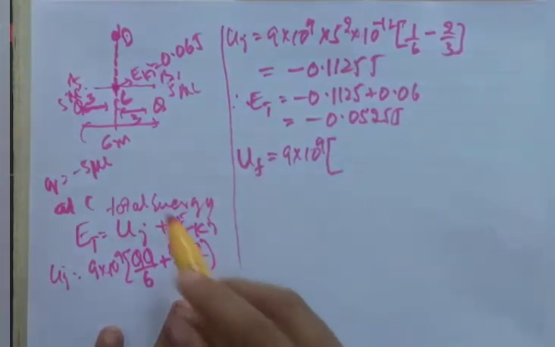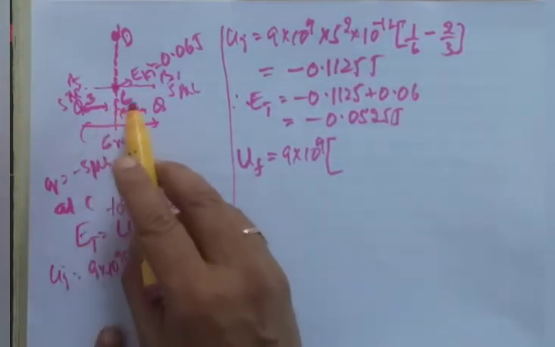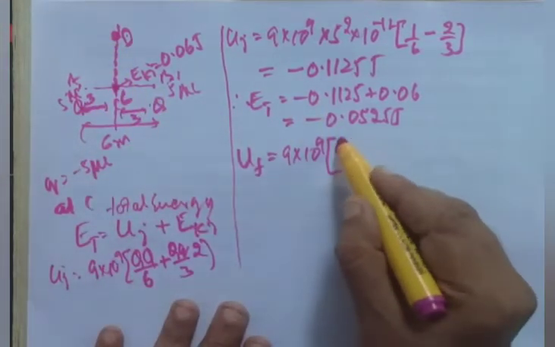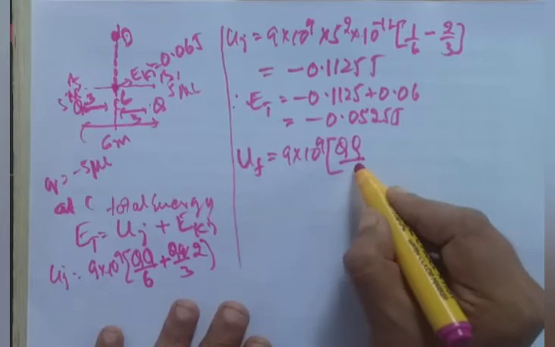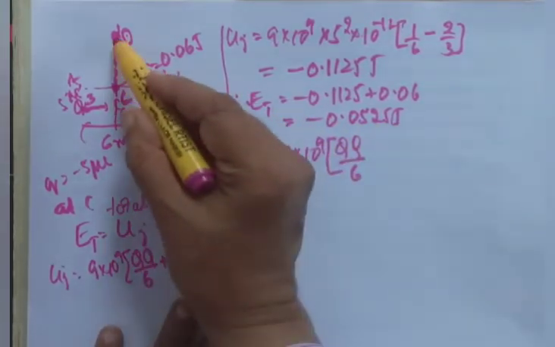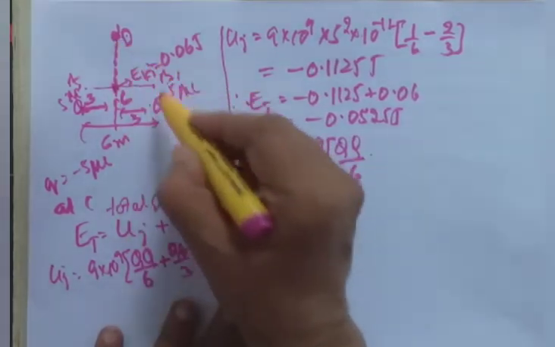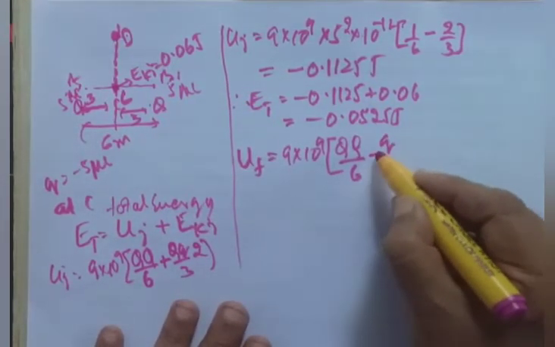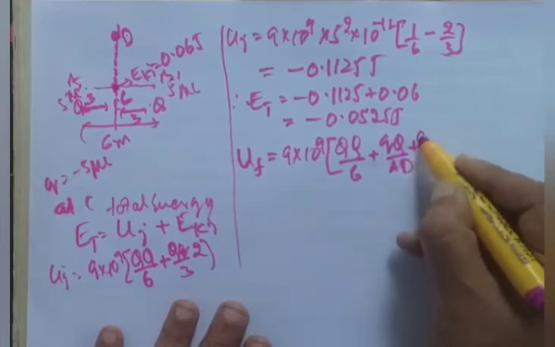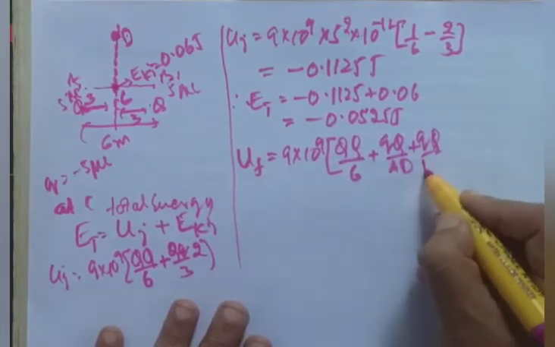We write first, we imagine these two charges are there, so Q into Q by 6, and then this charge with this charge and this charge with this charge. So that is QQ by AD plus QQ by DB.